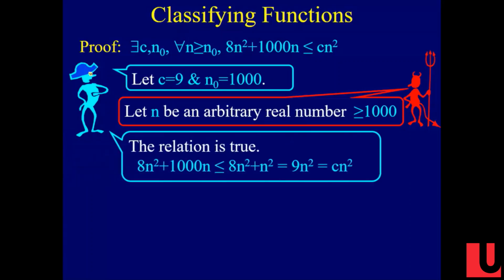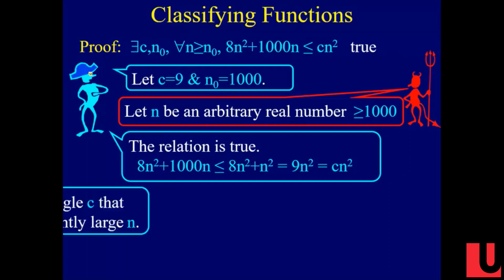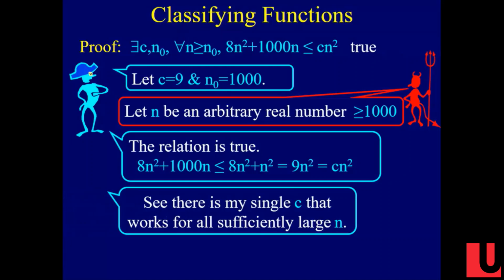And now we have to prove that we got our thing. And this whole thing is less than or equal to this. Why? Because n's bigger than 1,000. And then this sums up to this, which is what we need. Everybody see that? And see, we needed a fixed c that worked for all n.